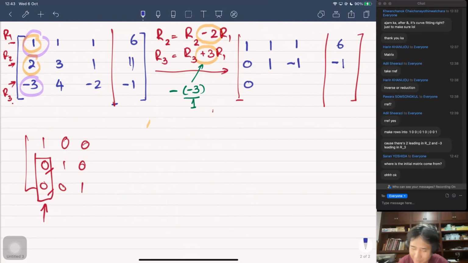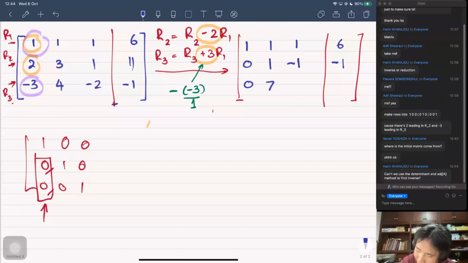Make sure I did it correctly though. And minus 3, 4, and minus 2. So that's going to be 7 and 1 and 17, right?